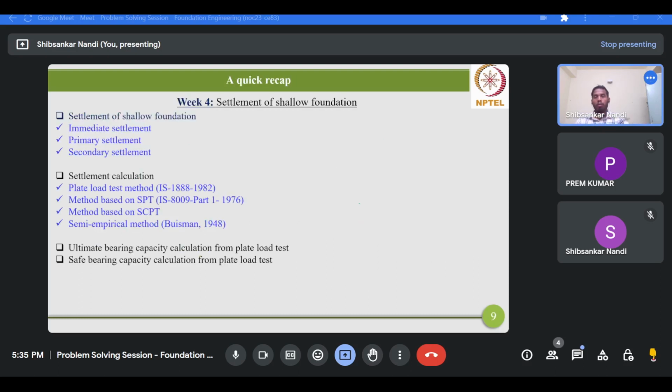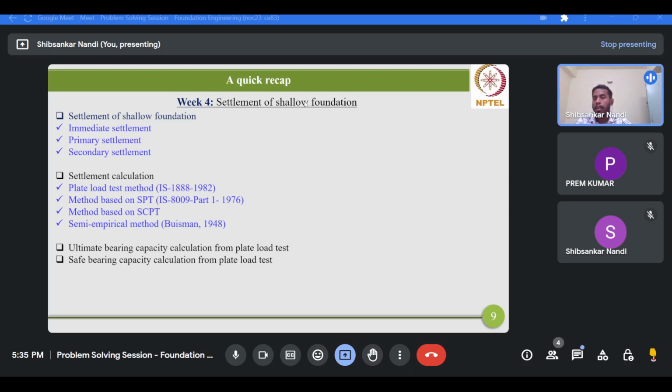Now we'll start discussing a new topic that we have learned from week 4, that is the calculation of settlement for shallow foundation. This settlement can be of 3 types: immediate settlement, primary settlement, secondary settlement.